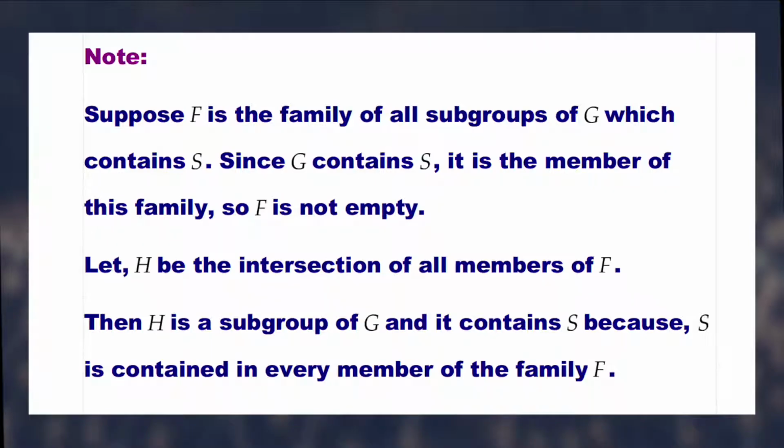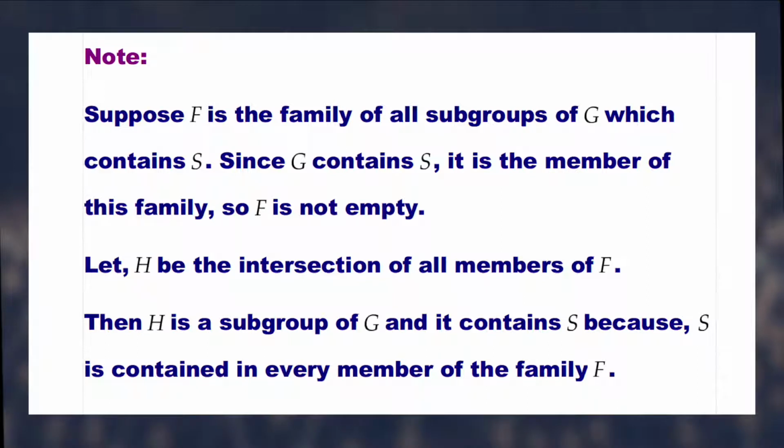Note that, suppose F is the family of all subgroups of G which contain S. Since G contains S, it is a member of this family, so F is not empty.